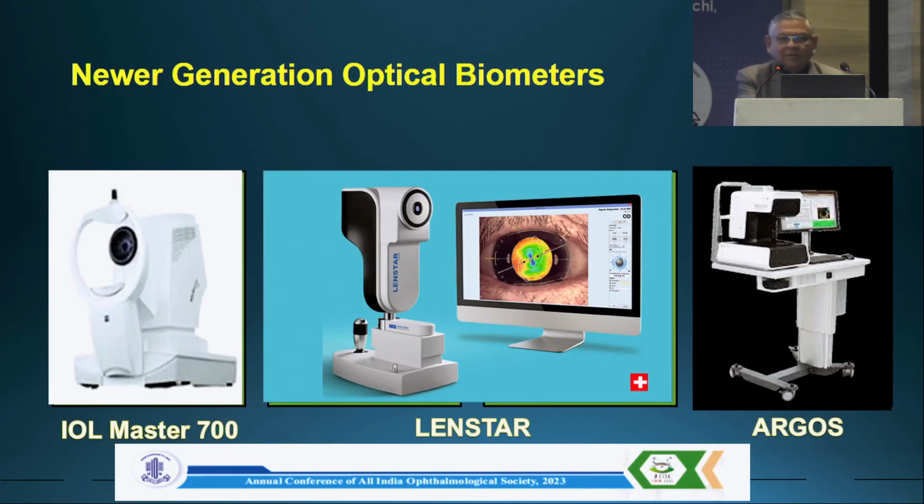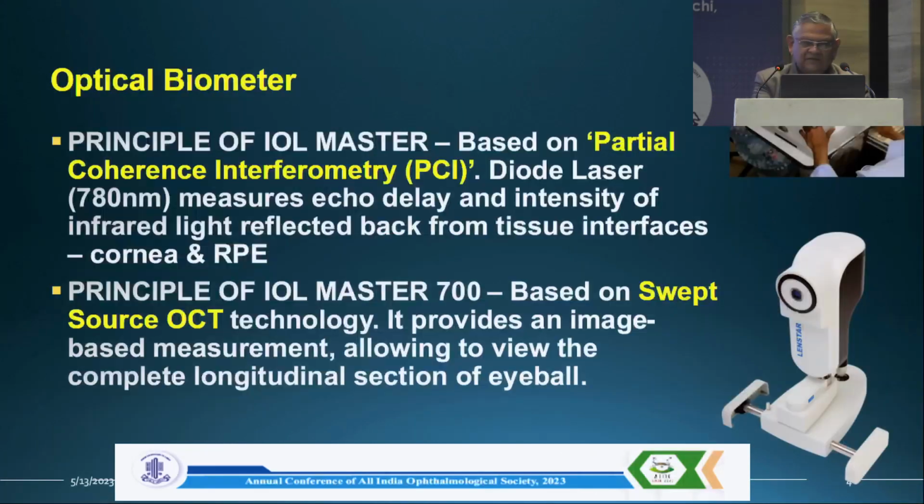We now have newer generation optical biometers, not only at the personal level but at very common centers, and we must take full advantage of these, like IOL Master 700, Lenstar, and the Argus. They are based on different principles. Until a little while ago, the IOL Master 500 and the Lenstar used to be the premium ones.